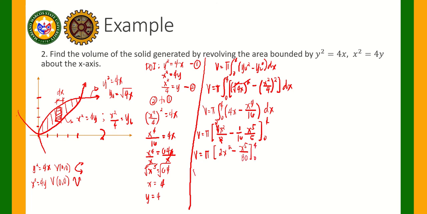Now, we plug in the limits. This is equal to pi multiplied by 2 times 4 squared minus 4 raised to 5 all over 80, minus 0. Okay, so that will be 0. And then V is equal to pi. So, what is 2 times 4 squared?